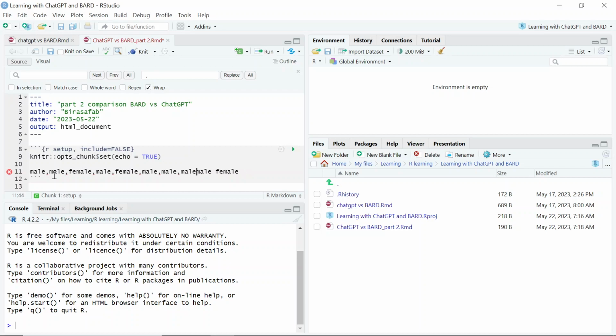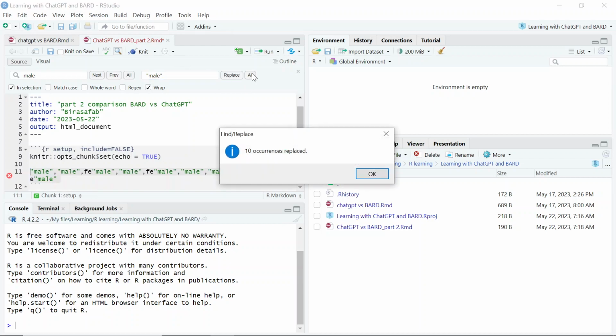I know how to do it, but I want to see if these chatbots can correctly guide me to do so. My observations should be in double quotes. I'm going to replace them.